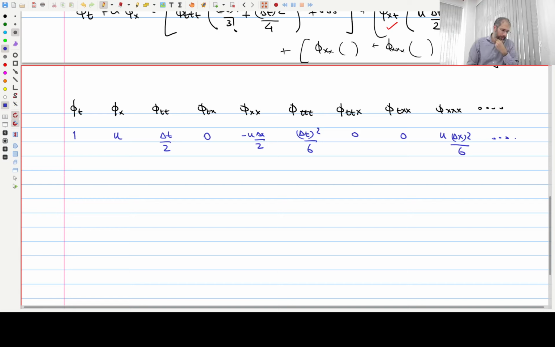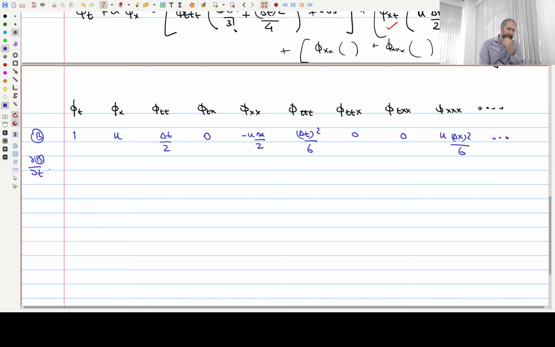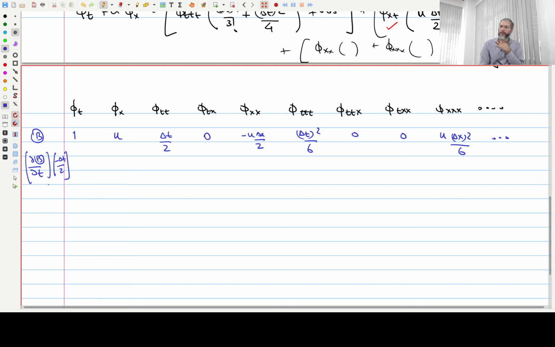Right, so this was b. What we did was take del b by del t and multiply that by minus delta t by 2. We did it in a different way, but when you do del b by del t and multiply that by minus delta t by 2, let's write the coefficients now.